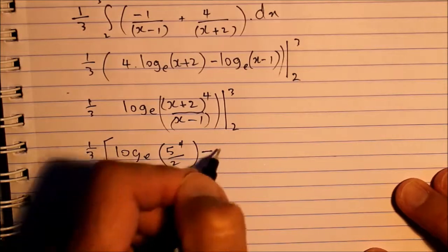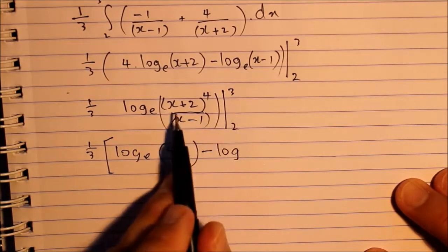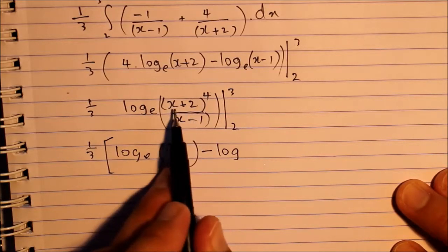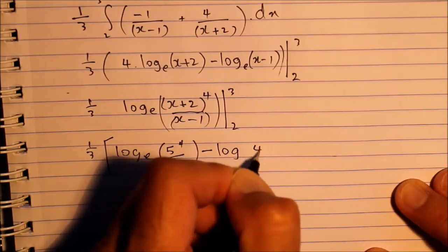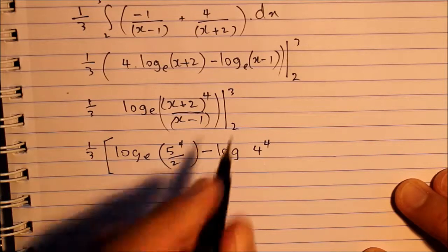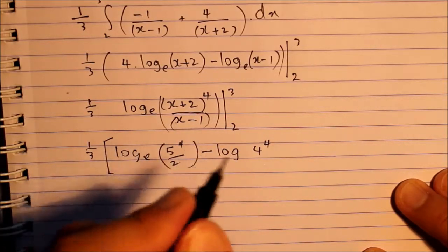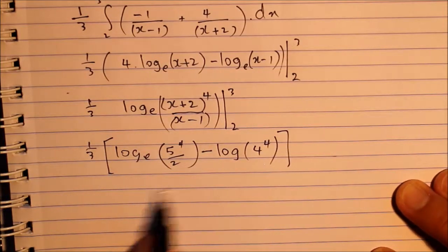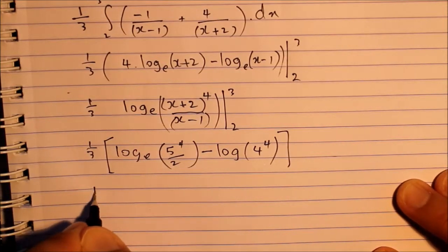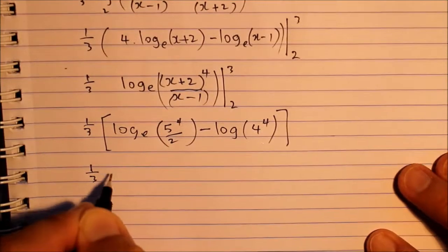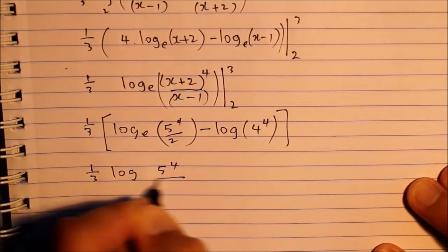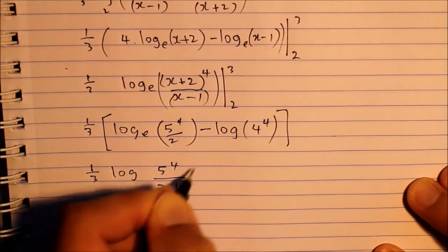Now put the 2 in, log, 2 plus 2 is 4 to the 4. There's a minus 1 there. 2 minus 1 is 1, so that's okay. So it's just that. And if we want to, we can combine it further and write the answer as log 5 to the 4 on 2 by 4 to the 4.